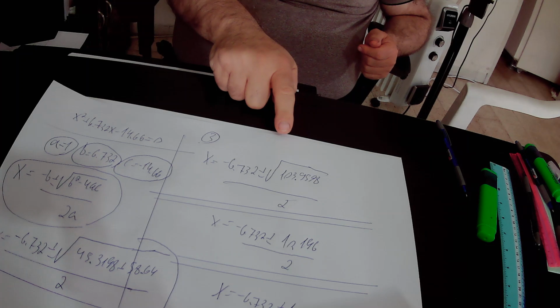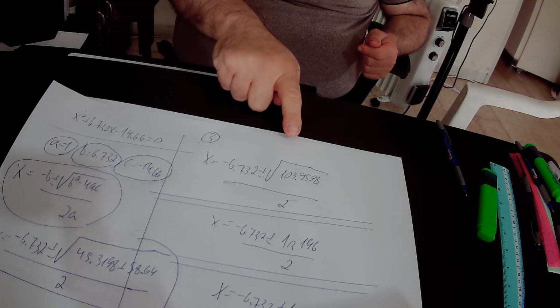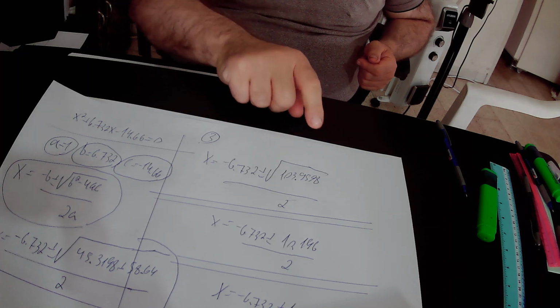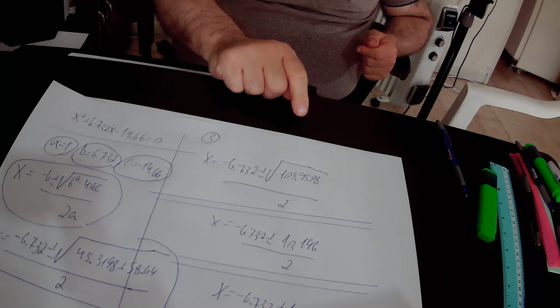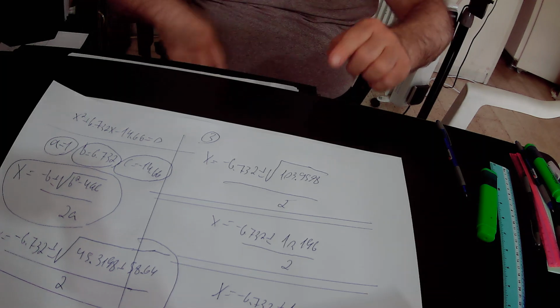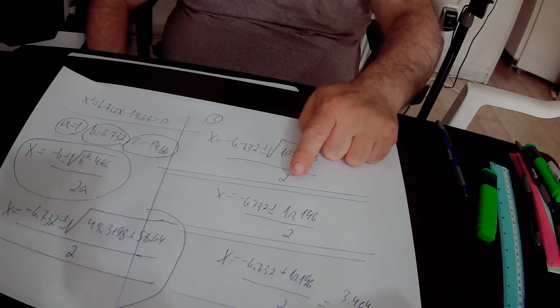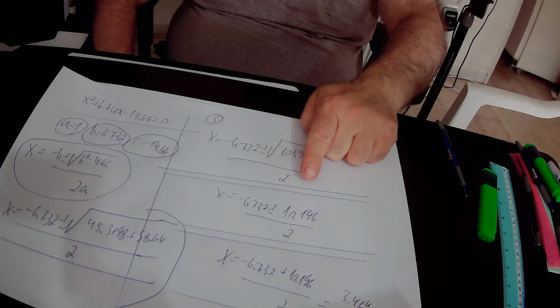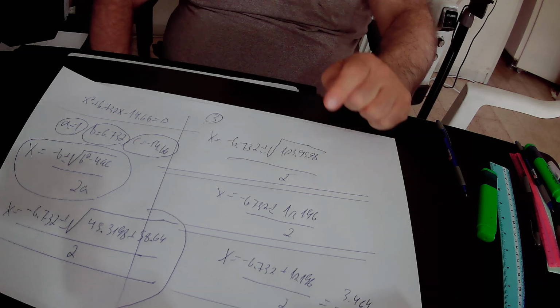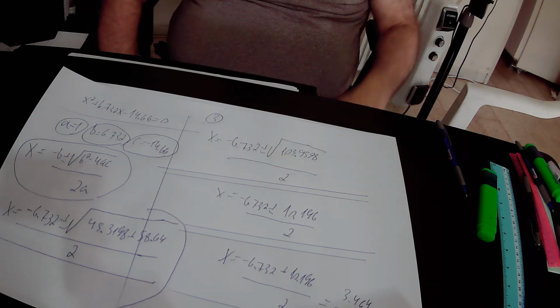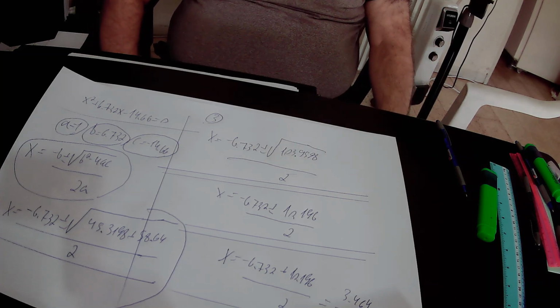The square root of 103.9598 equals 10.196. So in conclusion, x equals minus 6.732 plus or minus 10.196, over 2. So here we have two possible solutions for x.